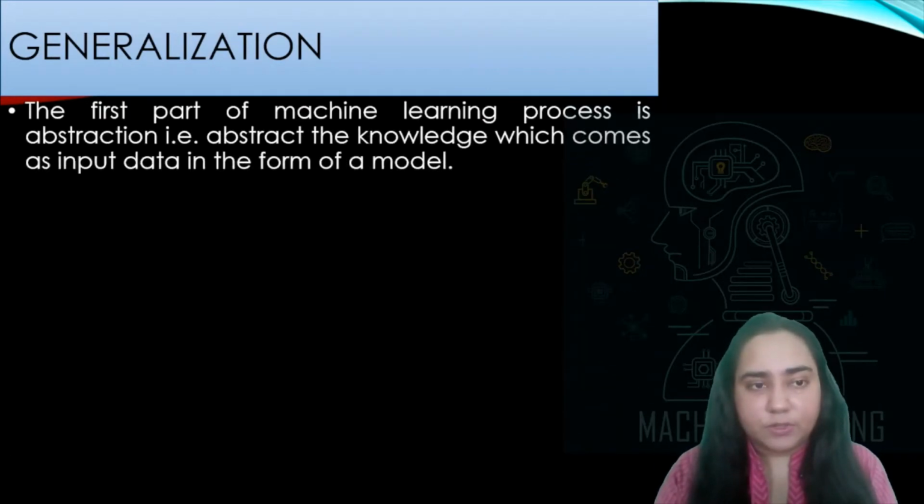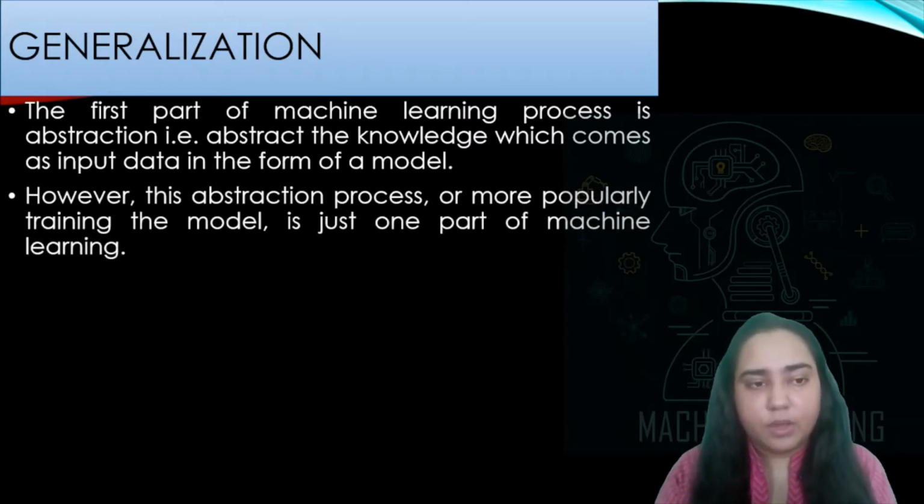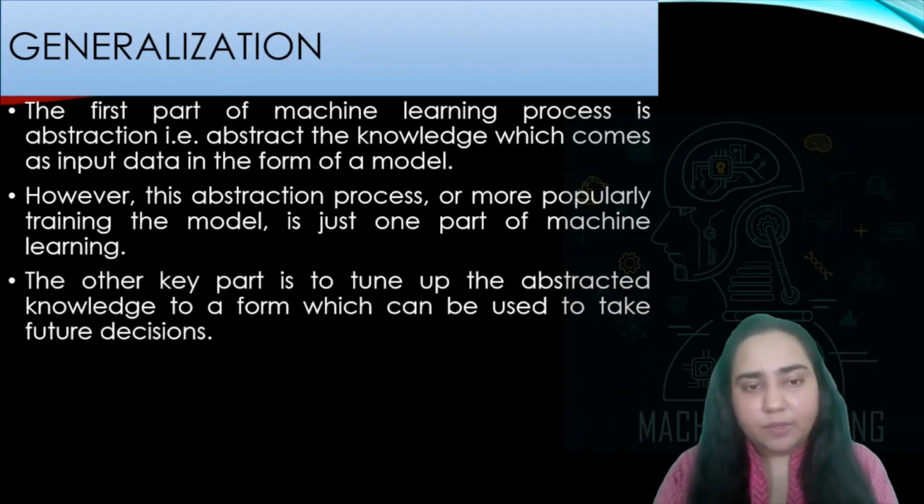Now let's take a look at what generalization is. The first part of machine learning is abstraction, where you abstract the knowledge which comes as input data in the form of a model. However, this abstraction process, or more popularly, training the model, is just one part of machine learning. The other key part is to tune up the abstracted knowledge to a form which can be used to take future decisions.